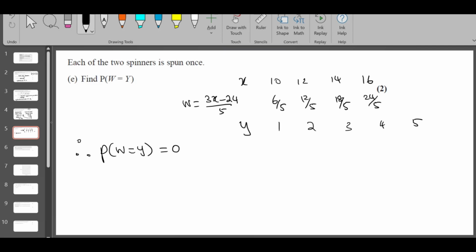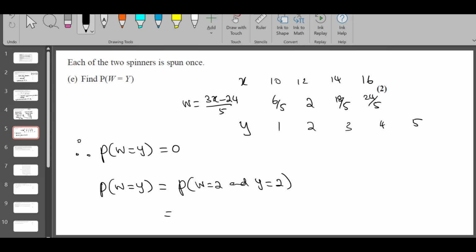What if there is an equal value? Let's say for example this is 2, for some random value of a and b. So when they say W is equal to Y, that's basically W is equal to 2 and Y is equal to 2, right?